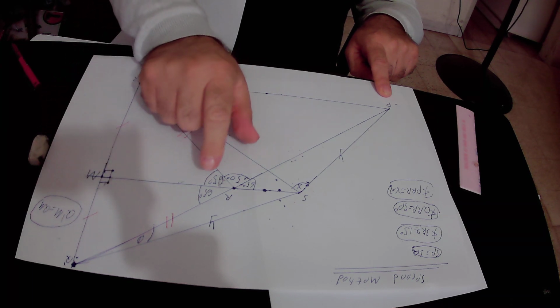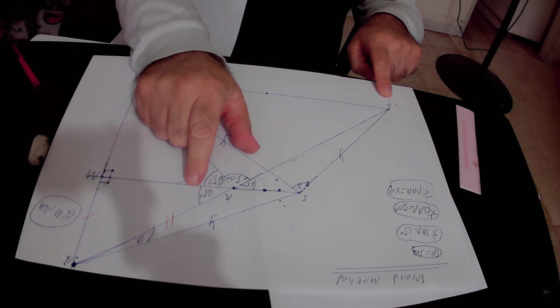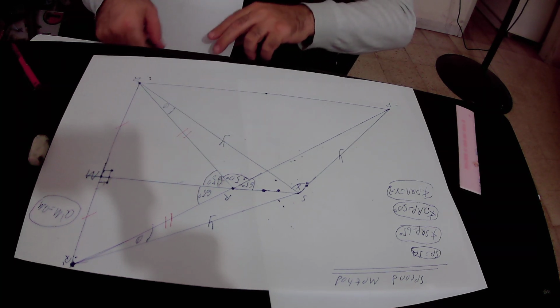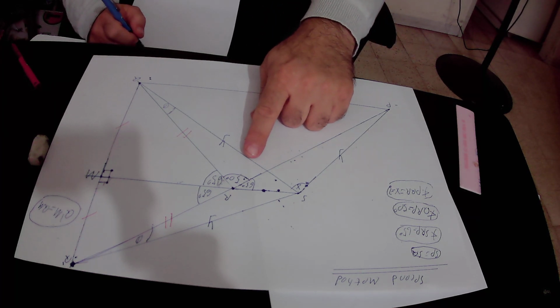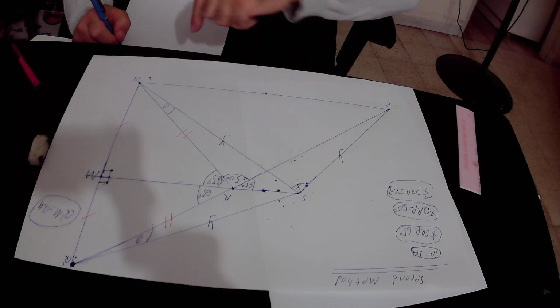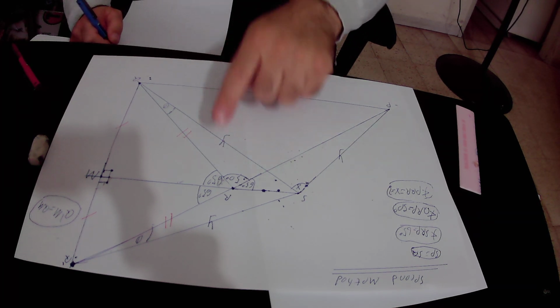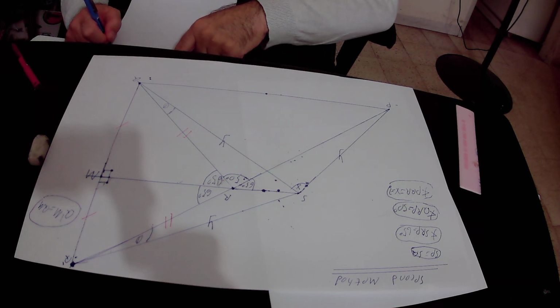So if we look from the bottom side of angle PRQ, we will calculate the size of angle PRQ from the bottom side. The size of angle PRQ is actually 50 degrees plus 65 degrees plus 65 degrees.